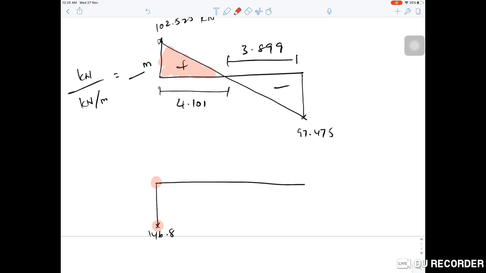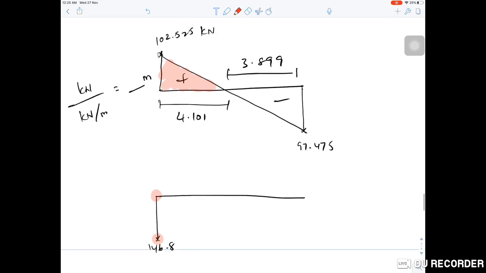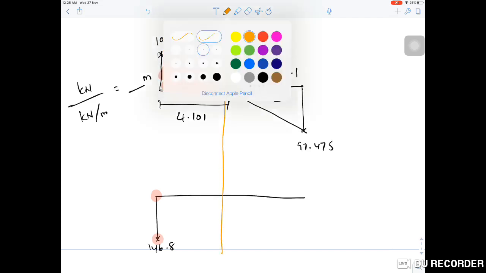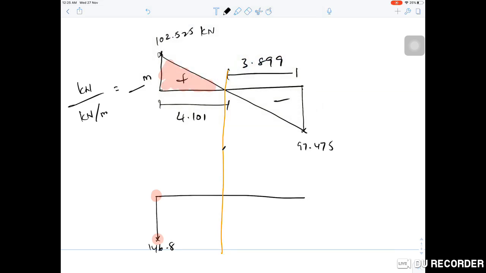So negative 146.8 plus 0.5 times 102.525 times 4.101. So we get 63.4275, located at the intersection.